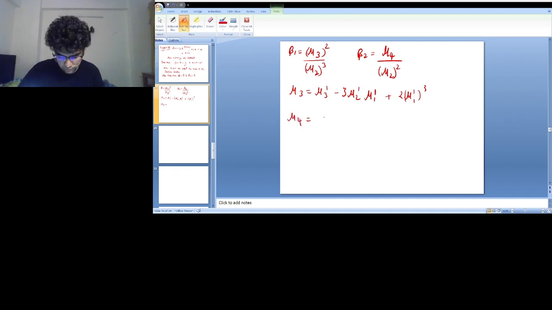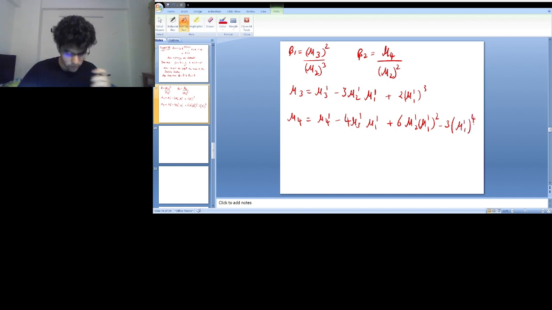Mu 4 is mu 4 dash minus 4 mu 3 dash mu 1 dash plus 6 mu 2 dash mu 1 dash whole square minus 3 times mu 1 dash to the power 4.